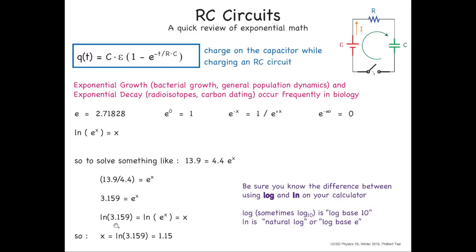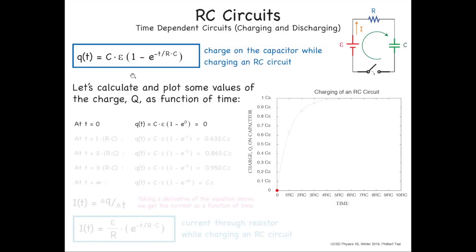So the natural log of 3.159 is equal to the natural log of e to the x, which is just x. So that tells us that x is the natural log of 3.159, which works out to be 1.15 when you plug it into your calculator. So let's go ahead and calculate and plot some of the values that you would get for charging a capacitor.